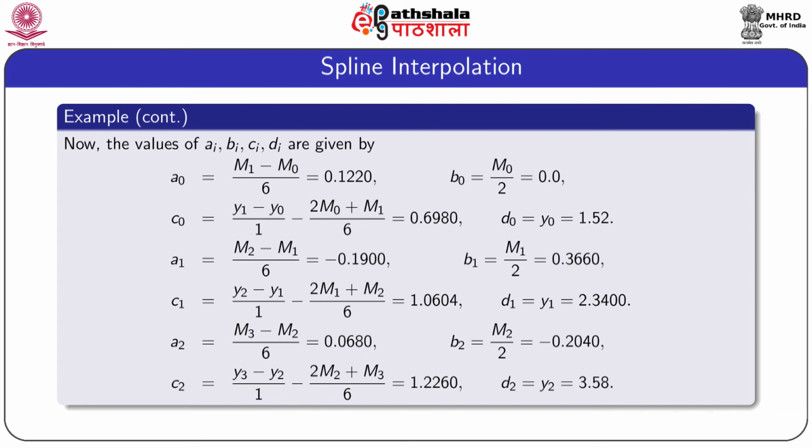Similarly, we can calculate the values of a1, b1, c1, d1 and a2, b2, c2, d2. So, all the values of the coefficients are available in terms of numerical values.